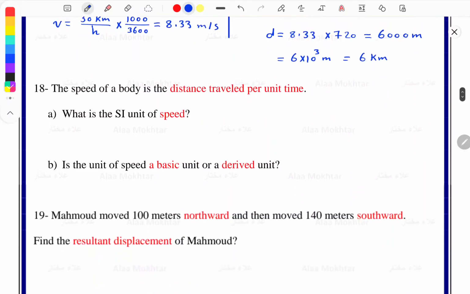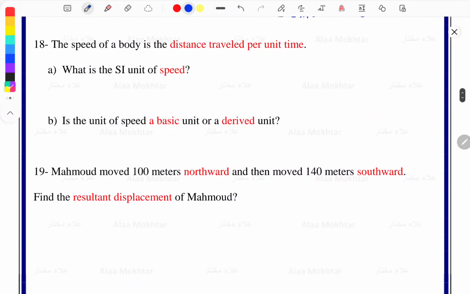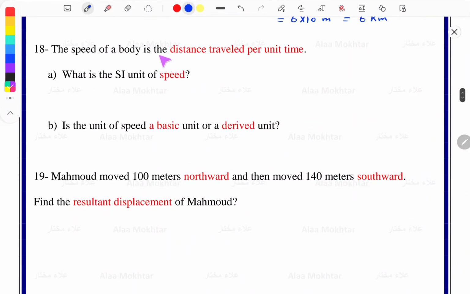The next question. The speed of a body is the distance traveled per unit time. What is the SI unit of speed? The SI unit for speed is meter per second. Is the unit of speed a base unit or derived unit?